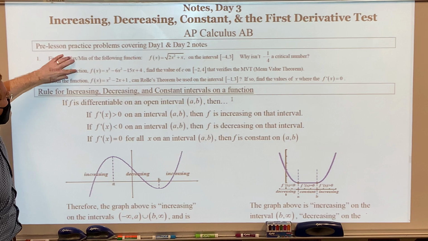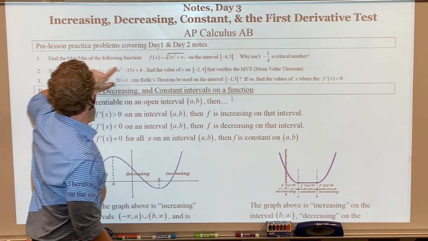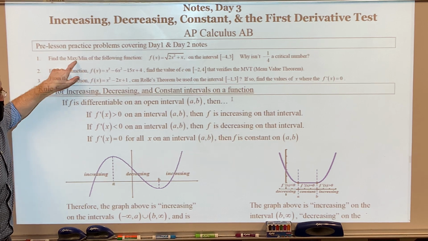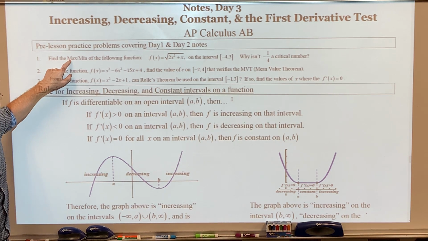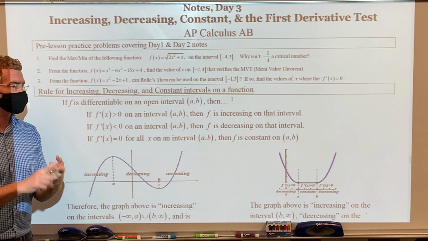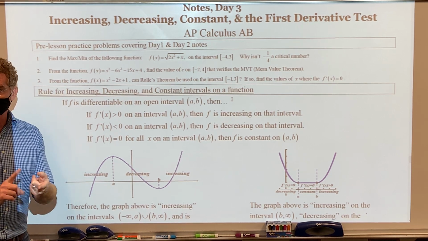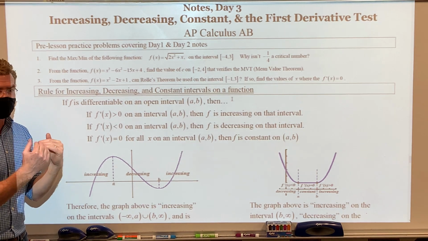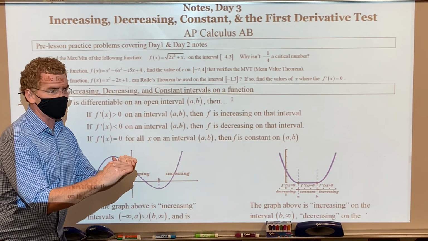If I have time, I'll come back and talk about these, but these are just some practice problems about finding extreme maxes and mins. And hopefully we already know how to do that, right? To find a max or a min, where do I look? Critical numbers or endpoints. And I find critical numbers by taking the derivative and finding out where it's either 0 or DNE, undefined.